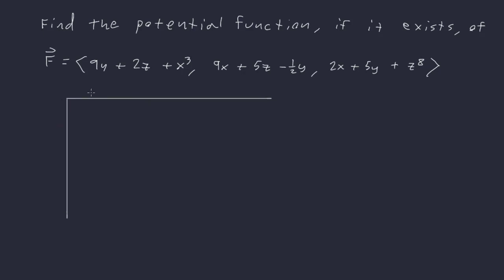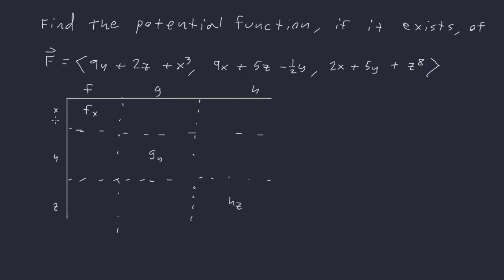So to do that, I'm going to set up my little box here. And instead of putting the whole partial derivative, I'm just going to put x, y, z. Of course, the f sub x, g sub y, and h sub z we don't really need to mess with.